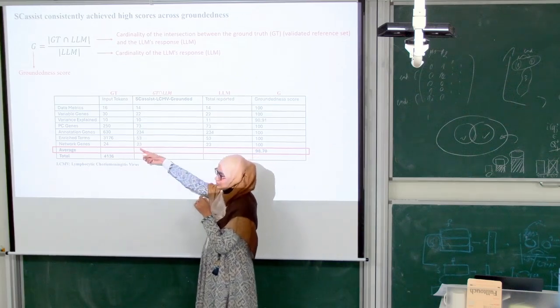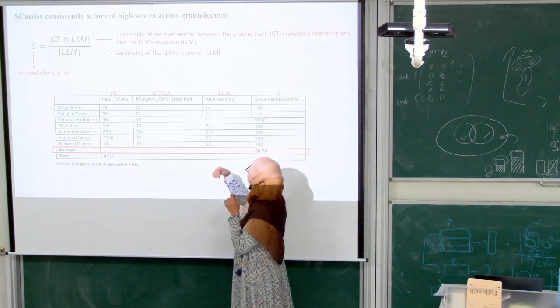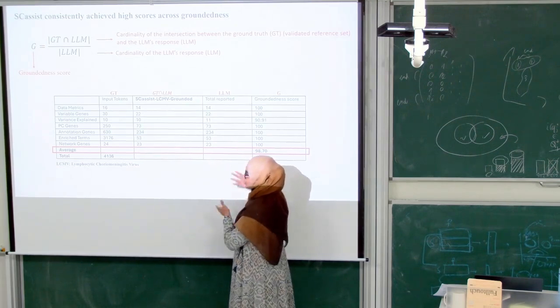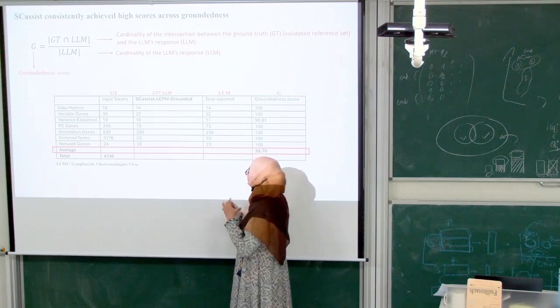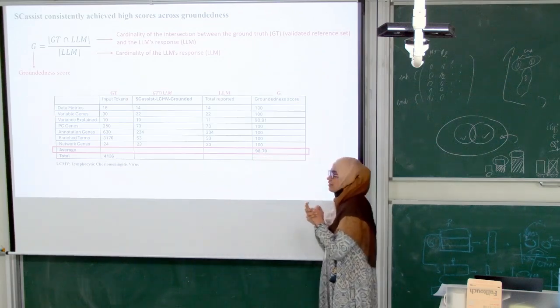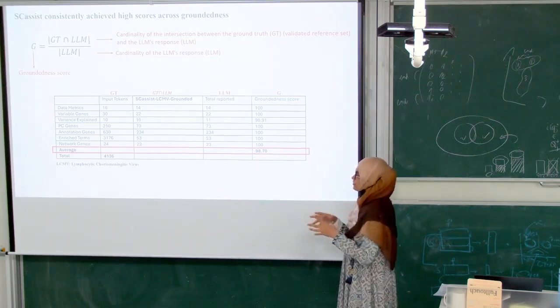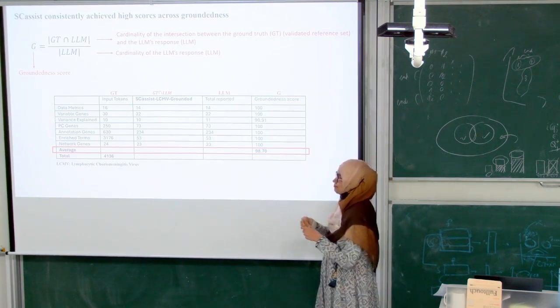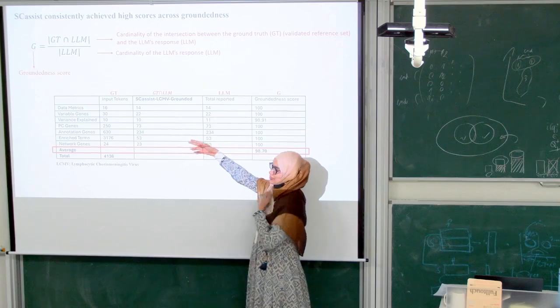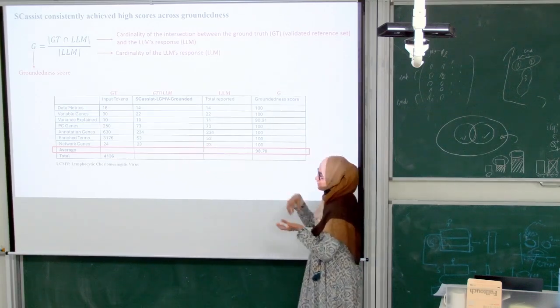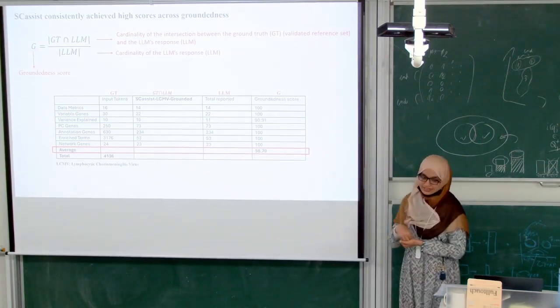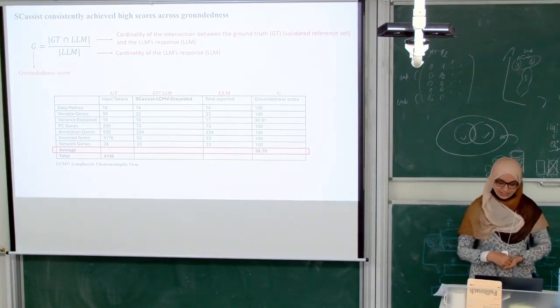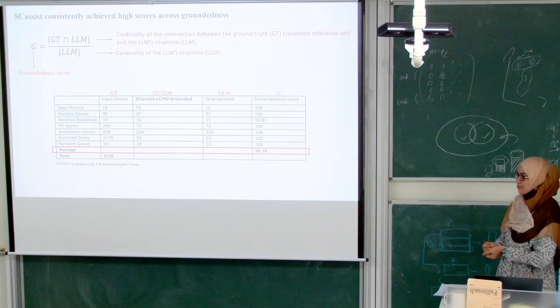One is the ground truth, and one is the LLM's. They intersected them and drew a Venn diagram, and if they overlap, they put it there because they are the same. They performed this on two data sets, and the results were almost the same.